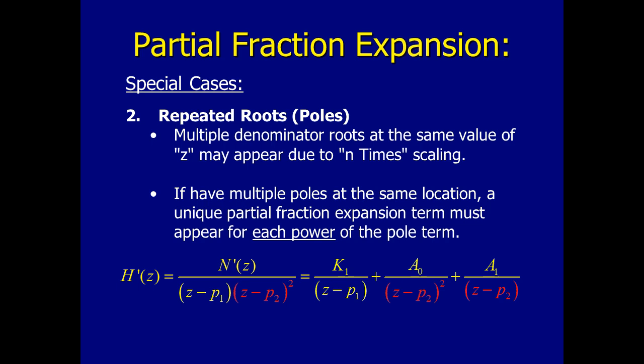And if I had a cubic here, I'd have a cubed term, a squared term, and a first order term. So we need one partial fraction for each of those powers of that pole term, and we keep going down until we get to a power of 1, and then we can stop there.